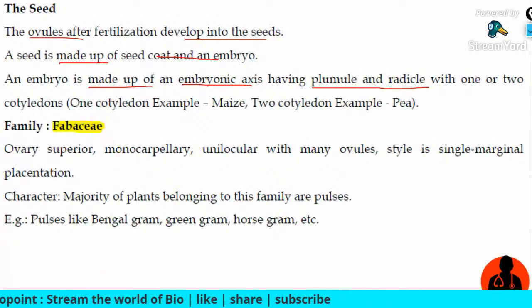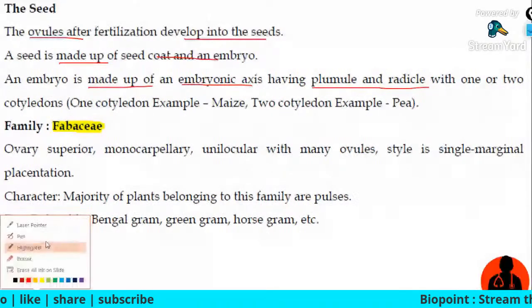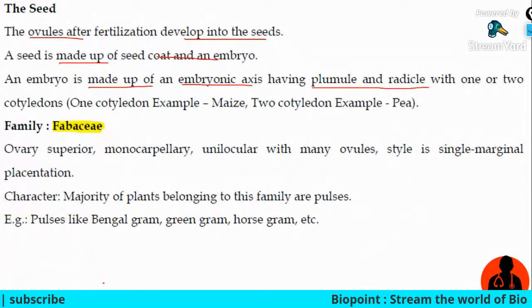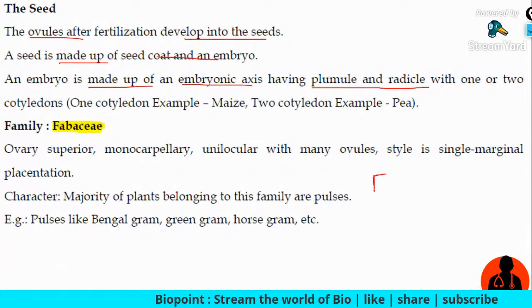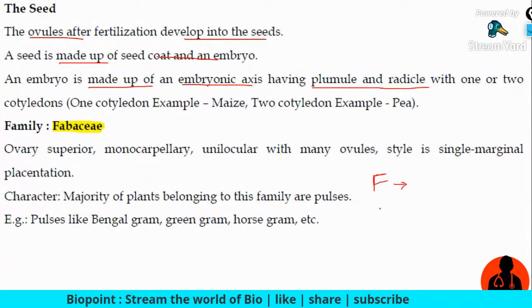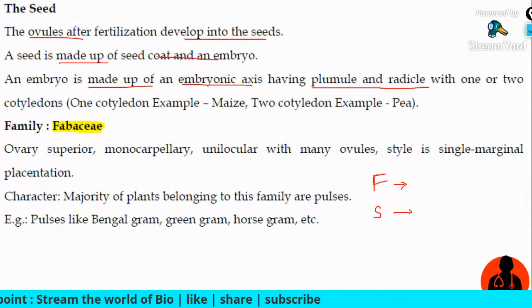Guys, before that I'll tell you a code. Guys, in your textbook we are just studying Fabaceae as the first family, right? Second family is Solanaceae, and third family is Liliaceae.